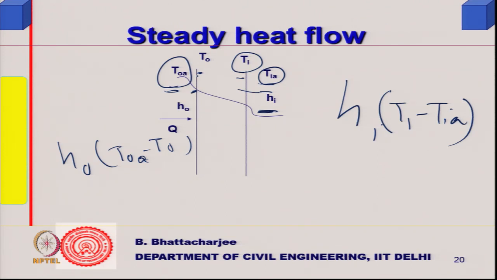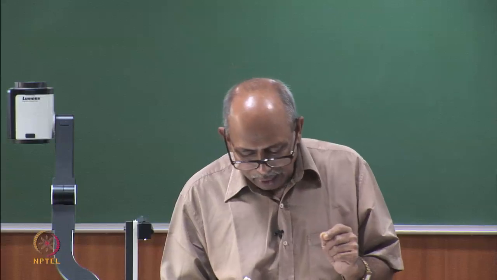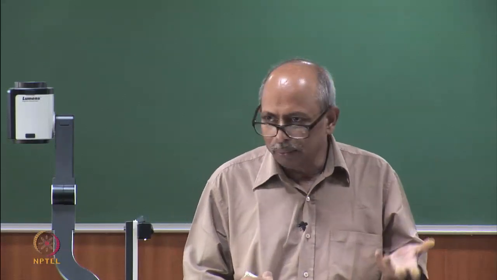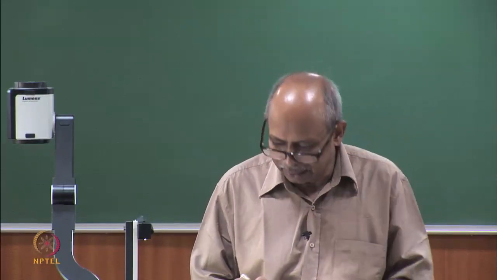I am writing inside and outside deliberately so that we get familiar with it. We call this the surface conductance, or surface heat transfer coefficient, and its unit is watt per meter square per kelvin, as we have already discussed.